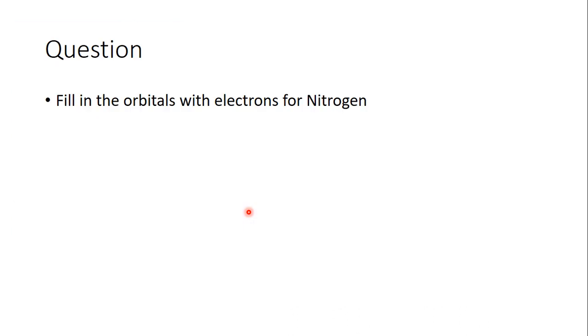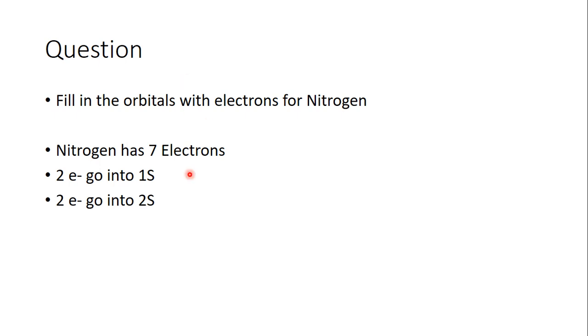So let's see if you can fill in an orbital diagram for nitrogen. Pause the video, go back to previous slides if you need to, and come back when you have an answer. Alright, so nitrogen has 7 electrons. So 2 of my electrons will go in the lowest energy, 1s. 2 electrons will go in my second lowest energy, 2s.